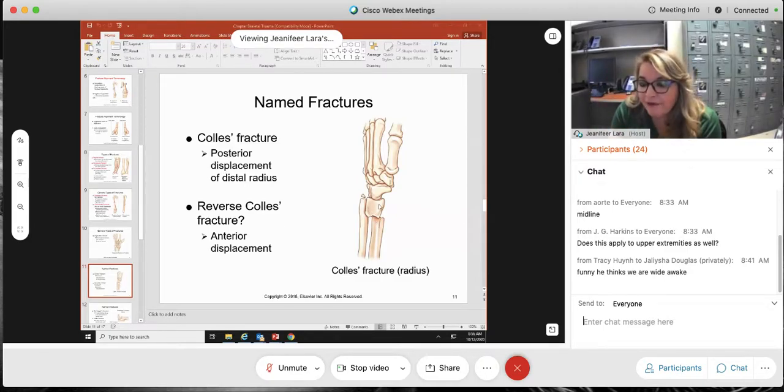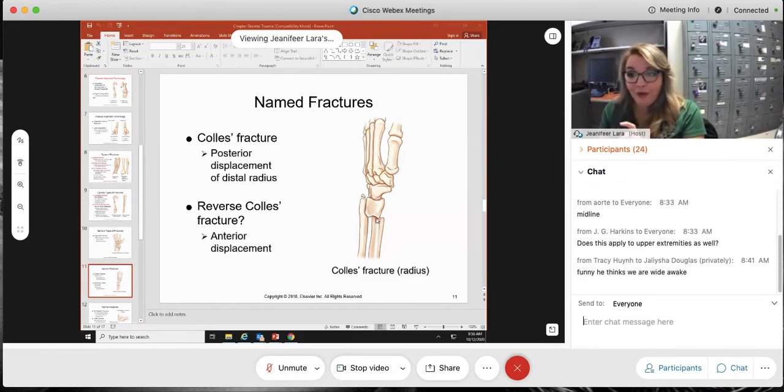Yes, we have lack of apposition, right? This is showing lack of apposition. We now know what apposition means. Oh, there's lack of apposition, Ms. Laura, in this bone. So let's get specific, right? It's a transverse fracture, lack of apposition. It's closed, right?